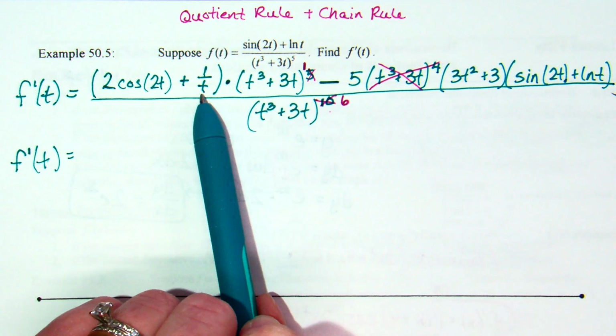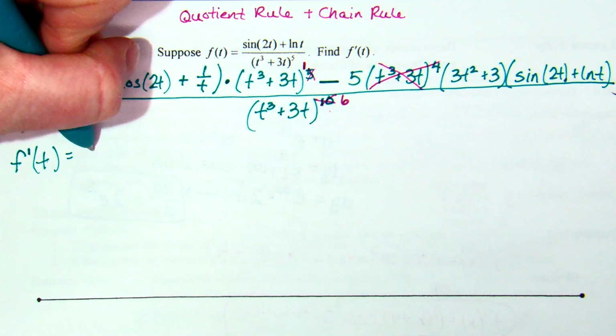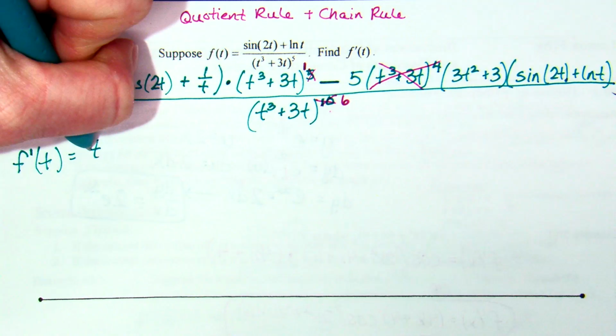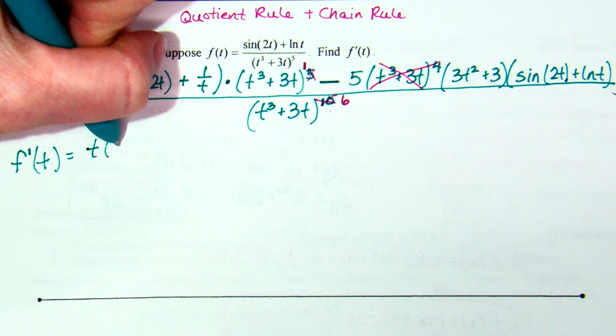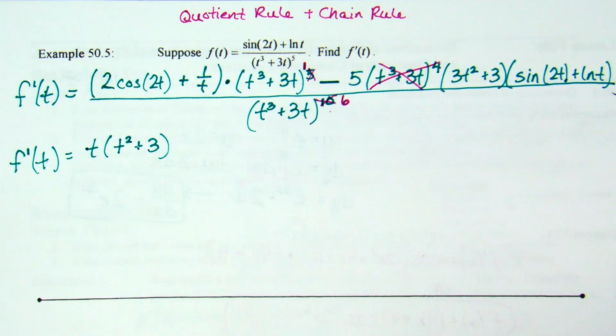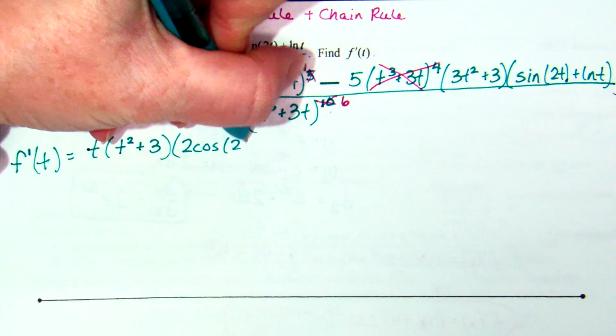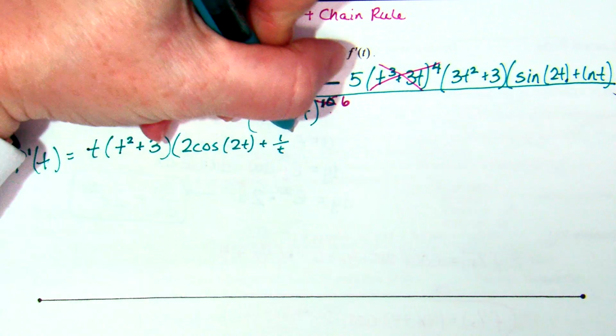So if we factor that t out from t cubed plus 3t, I'm going to put a t out front, and then I'm still going to have t squared plus 3 left in parentheses. And we still have the other parentheses that I don't want to leave behind: 2 cosine 2t plus 1 over t.